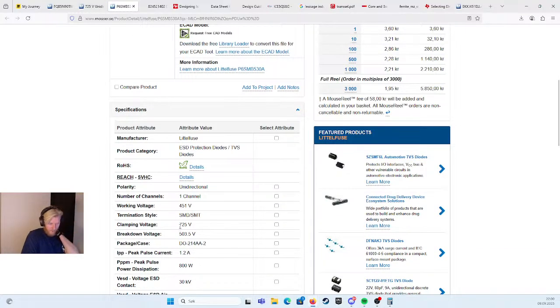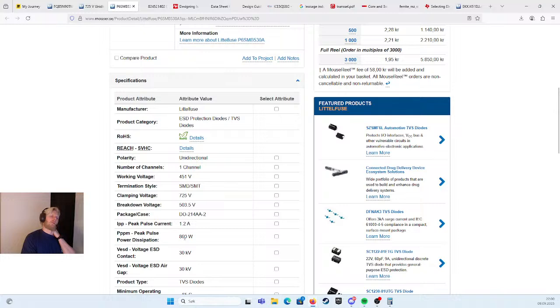So we have a clamping voltage of 725, breakdown voltage, peak pulse current.